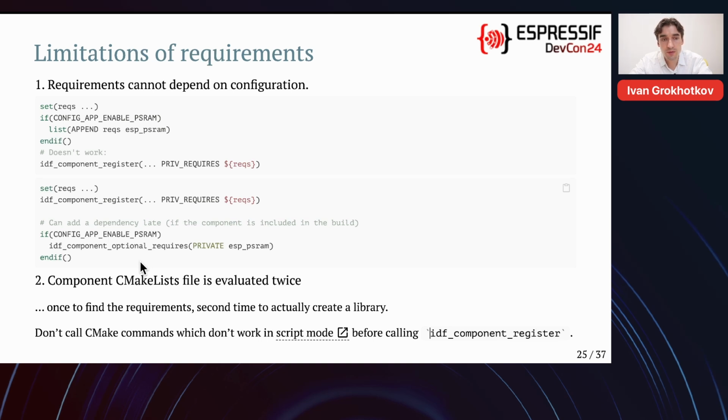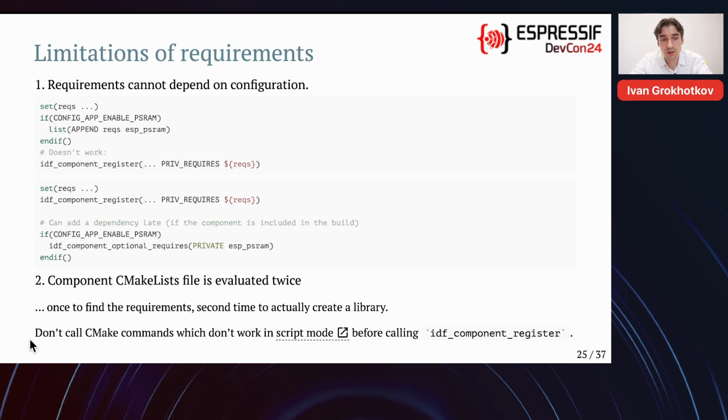For that reason, you cannot call any CMake commands which don't work in script mode until you call IDF component register. So after IDF component register, all CMake commands, including those that only work in project mode, not only script mode, will work, but IDF component register has to be relatively early in your component CMake list file.